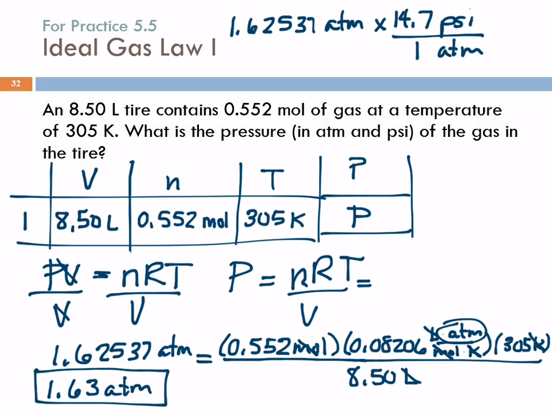I have the whole number still in my calculator, the full thing, so times 14.7. And the pressure in PSI would also have 3 significant figures, and that's going to be 23.9 PSI.